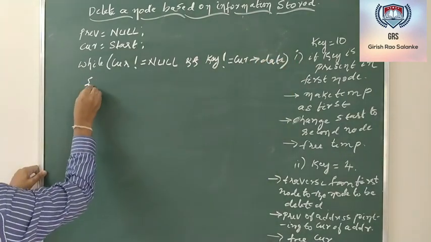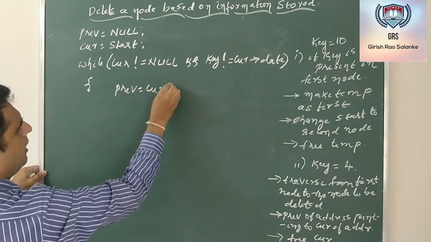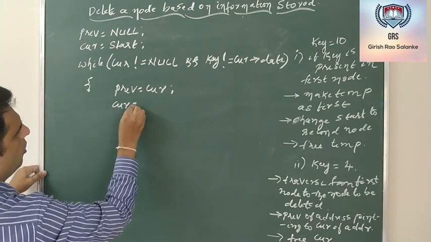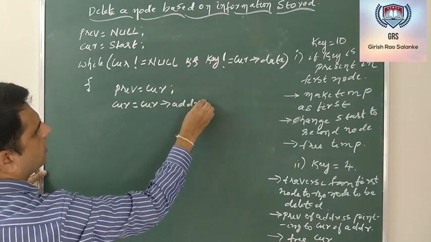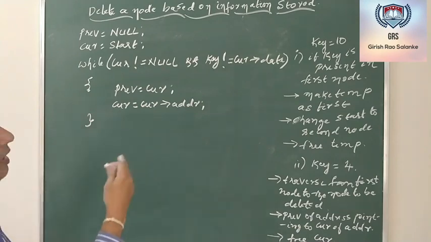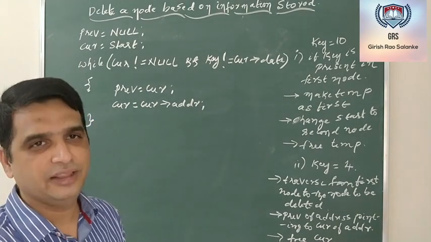Just make previous hold current and current hold the address of the next node. Current is equal to current of address. Keep changing your current.